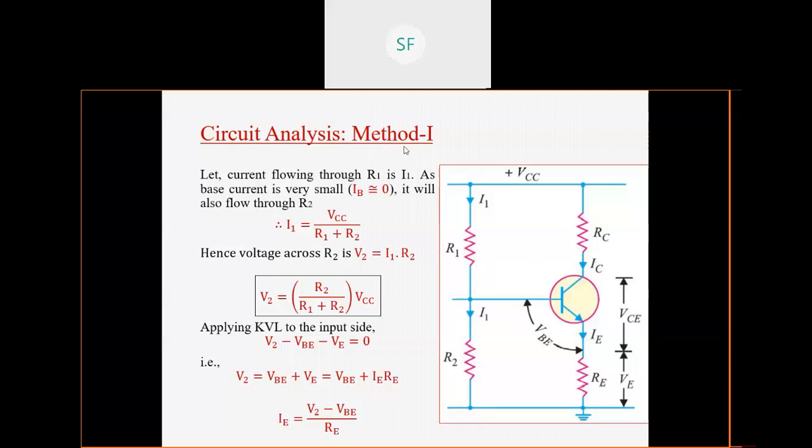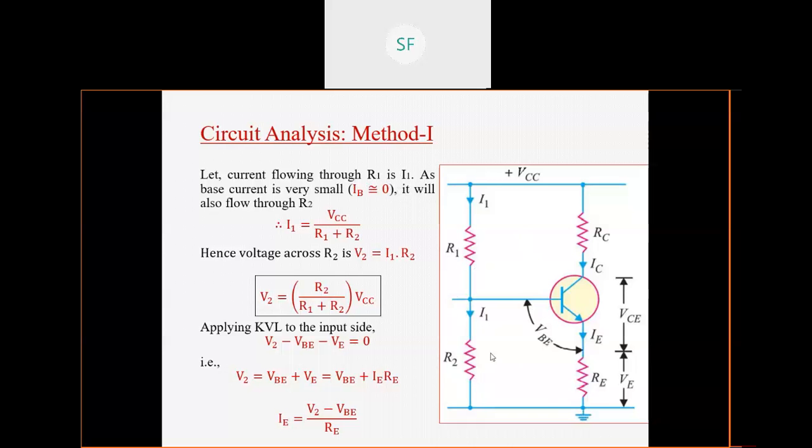So in method 1, as you can read here, let the current flowing through R1 be taken as I1. R1 and R2 are connected between VCC and ground, right?